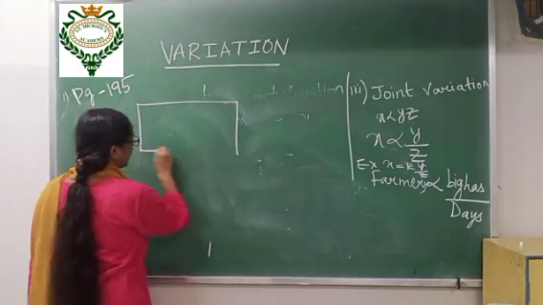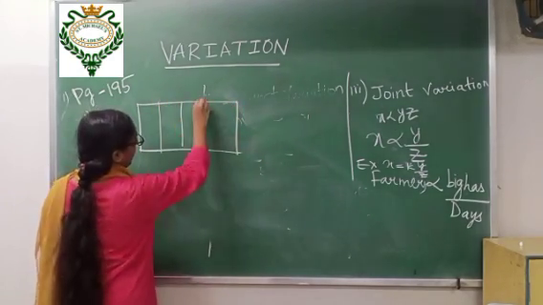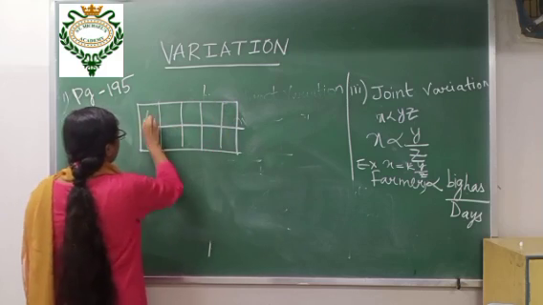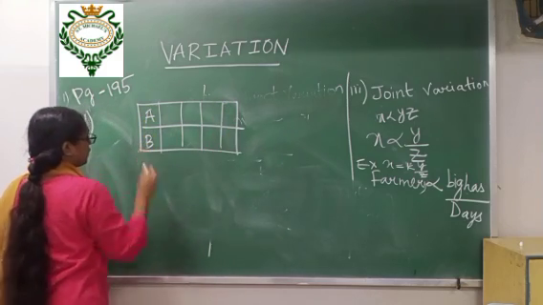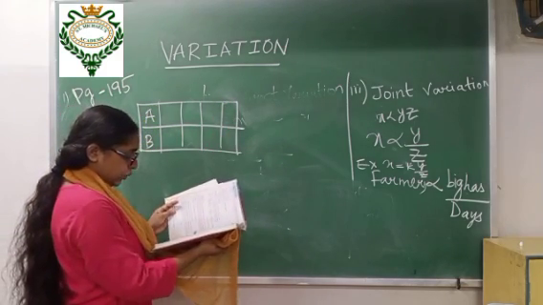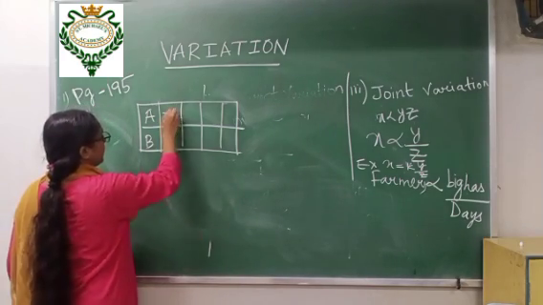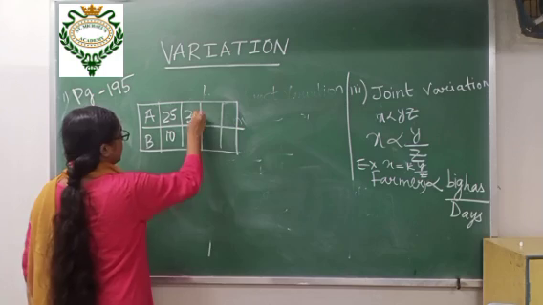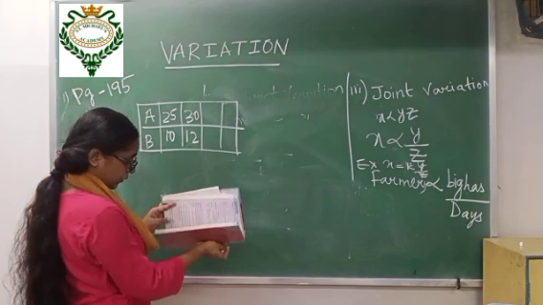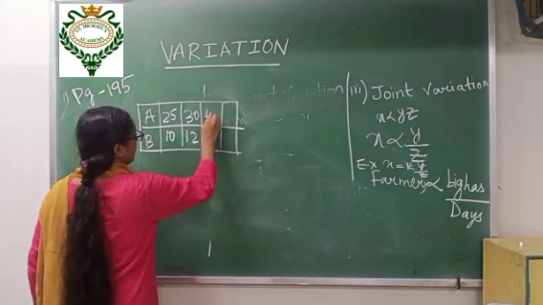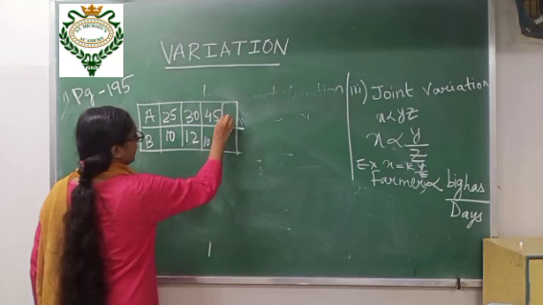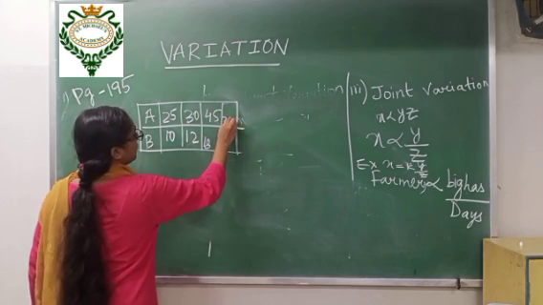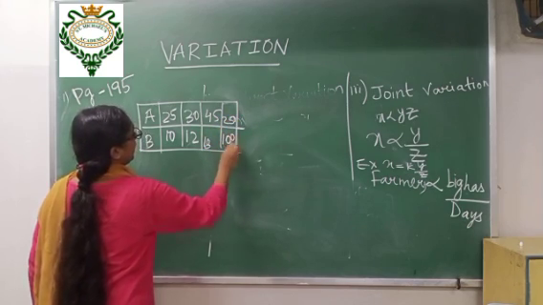First I will write that table which is given to you. A and B. Quickly we will write 25, 10. Then 30, 12. Then 45, 18, then 250 by 100.